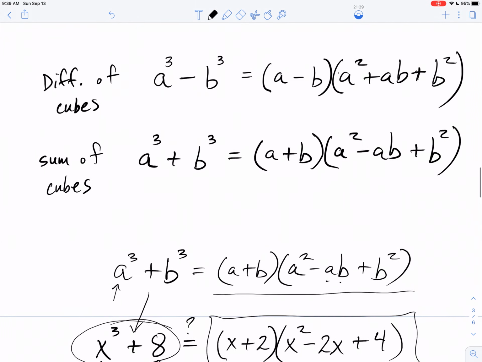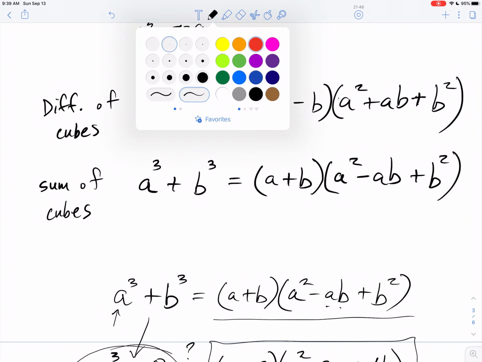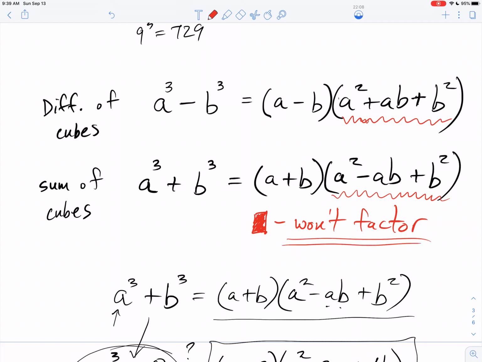The trinomial portion of this answer, I'm going to use red to make this stand out. This part of the formula, the red portion, the trinomial part, it won't factor. You never have to worry about trying to factor it. It will never break down.